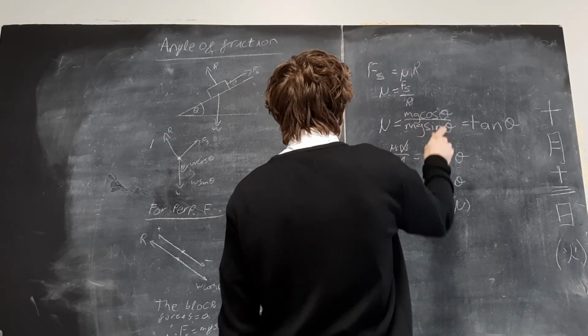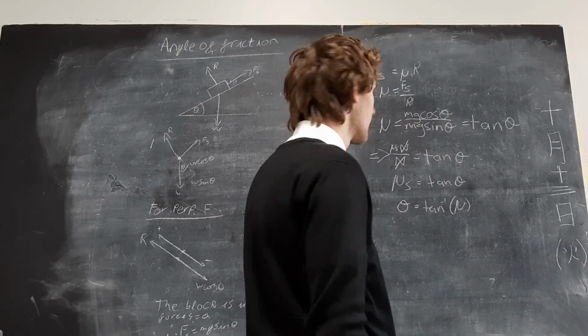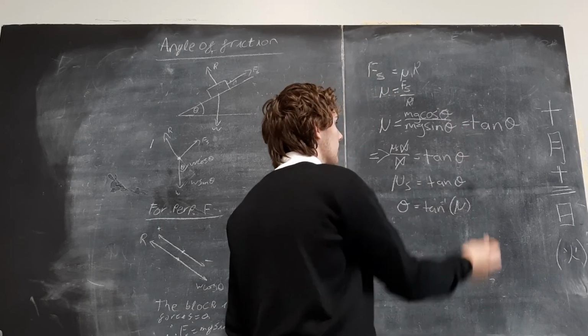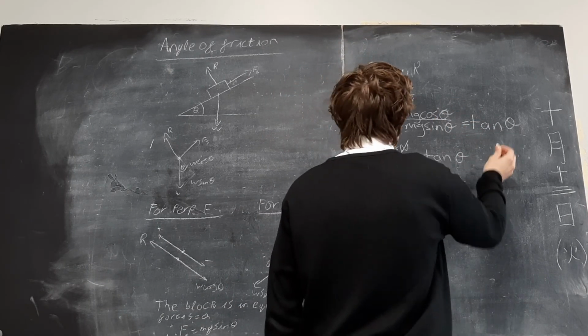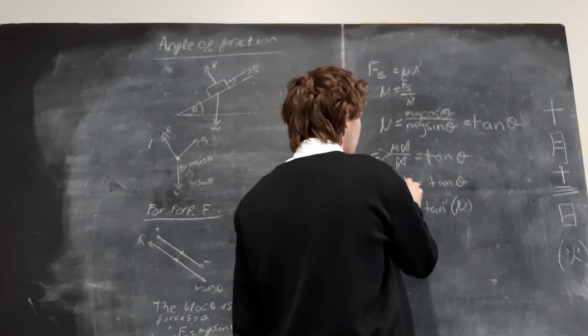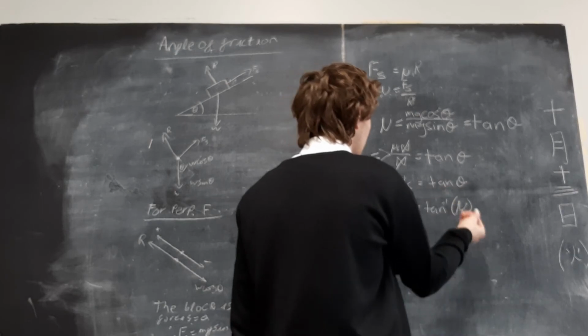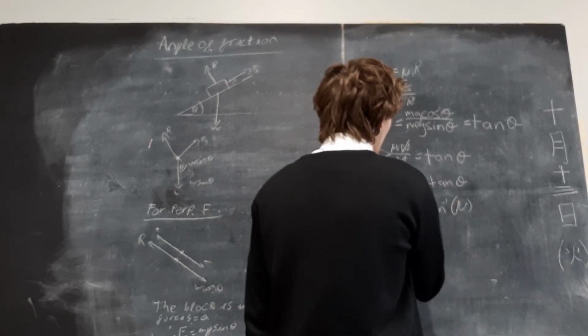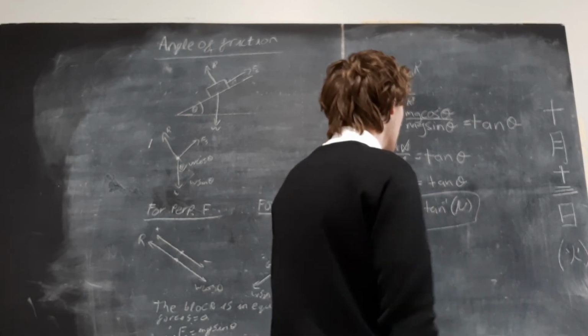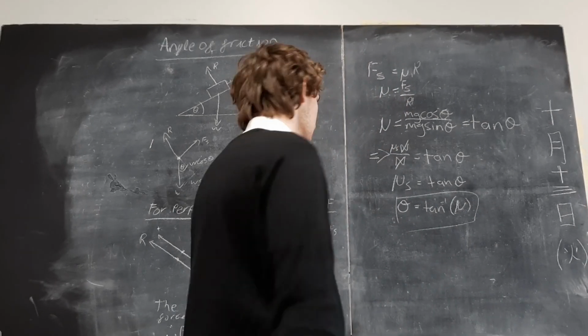If we substitute in our previous values for Fs and R, then we get mg cos theta over mg sin theta, which is equal to tan theta. And therefore, the coefficient of static friction is equal to tan theta. Angle of friction is then equal to tan minus 1 of the coefficient of friction.